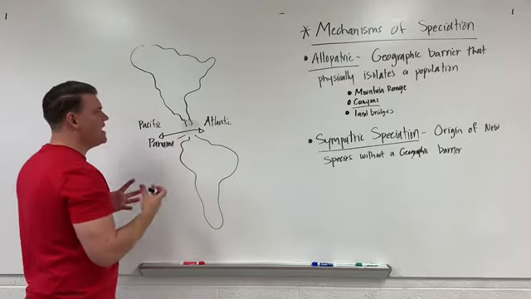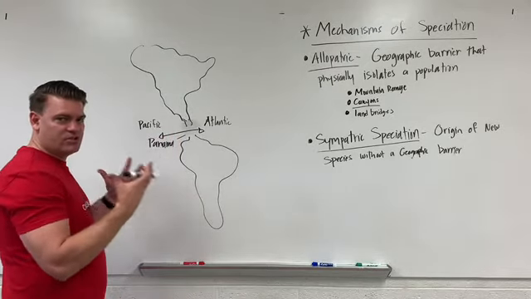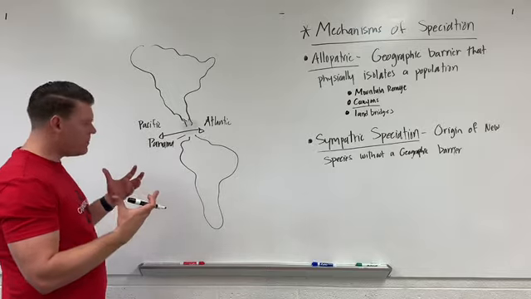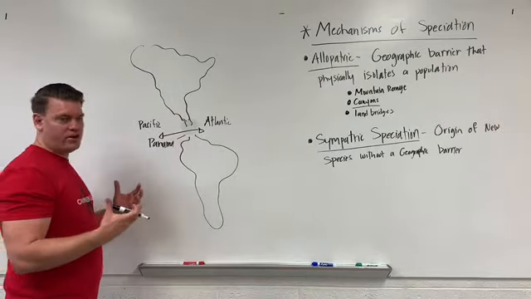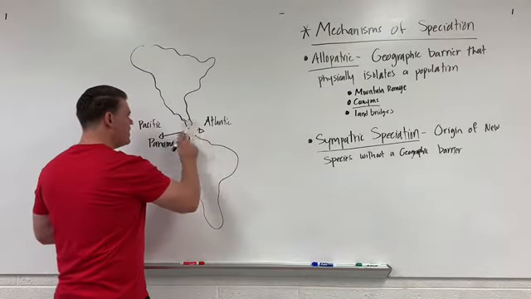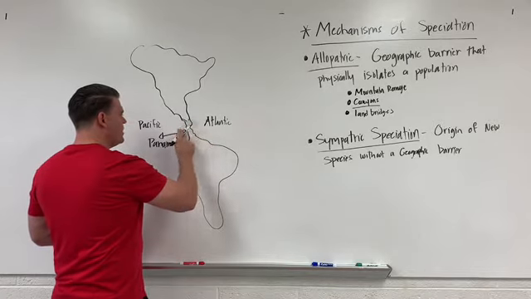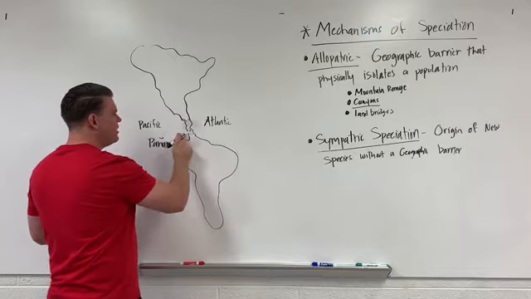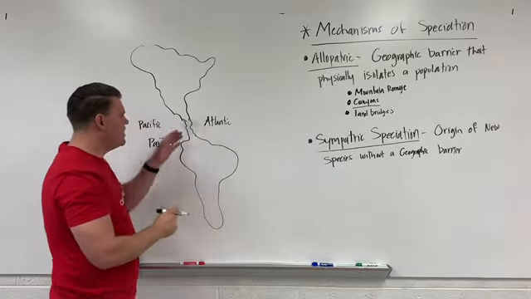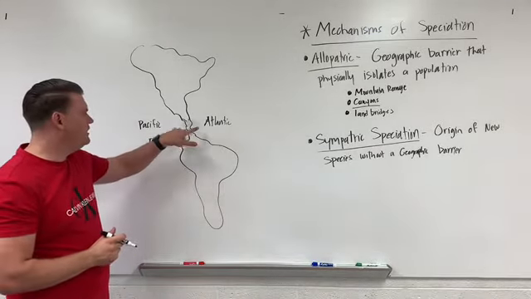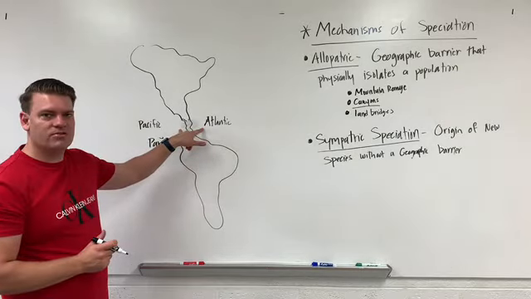Well, what happens as the ice age came in and we start to create more of our ocean water into ice, then our land bridge came here and we now separated, we created a barrier between the different species of fish, mammals, all that lived in the Pacific and Atlantic Ocean.